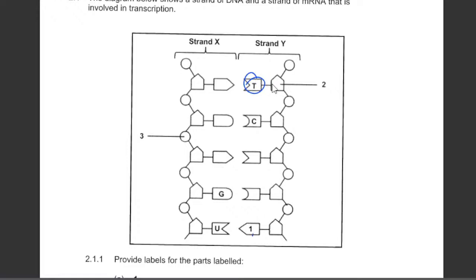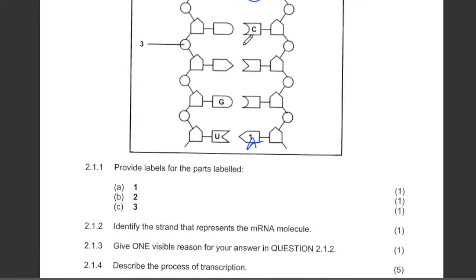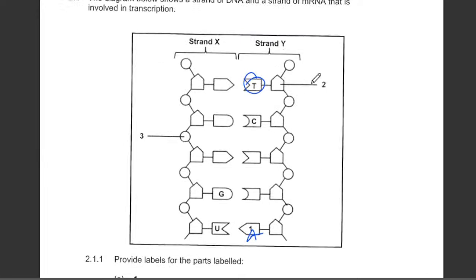So definitely this is going to be adenine. And where is two? This one, don't say ribose sugar. Don't say sugar. It's deoxyribose sugar. You see why? Because it is a DNA. Yes, because of the thymine.